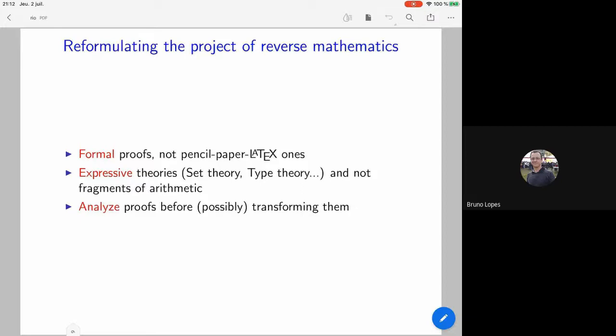And then, before we possibly transform the proof, the first step of our approach is to analyze the proof and to try to understand which axioms it uses, so that maybe we can transform it in such a way that it uses fewer axioms.